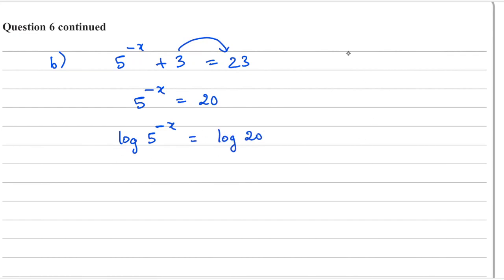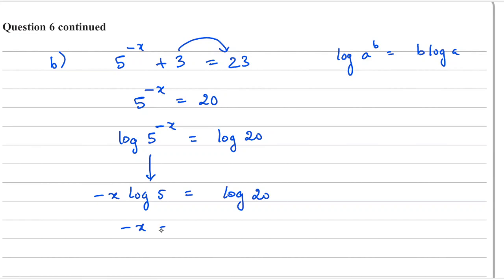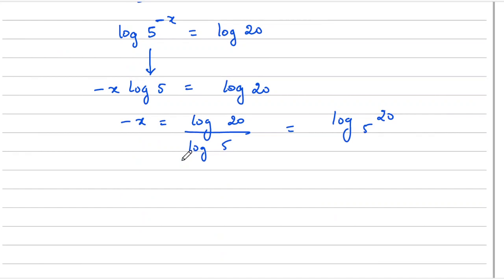Using the power rule of log, where log of a to the power b is equal to b log a, this becomes minus x log 5 is equal to log 20, and minus x is equal to log 20 divided by log 5. Again, we can use the base rule, which gives us log 20 to the base 5.